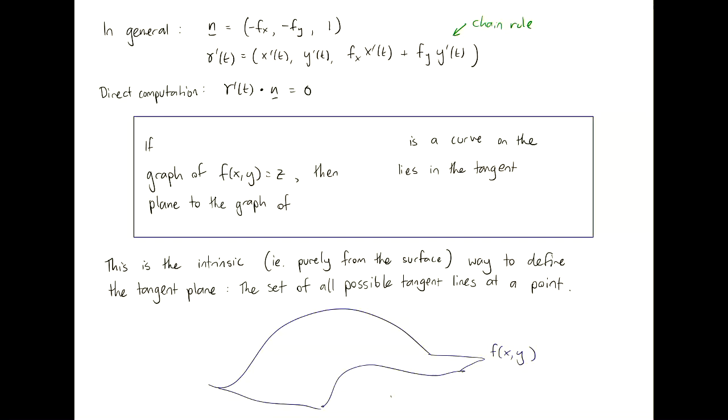So if we have some gamma, which follows x of t, y of t, and then it has a graph f of x of t, y of t, there we go, is a curve on the graph f of x, y equals z, then gamma of t naught lies in the tangent plane to the graph of f of x, y.